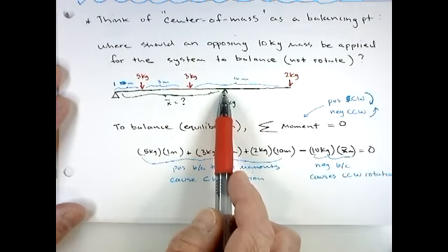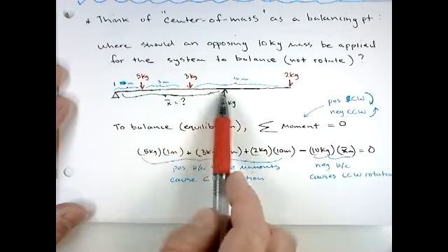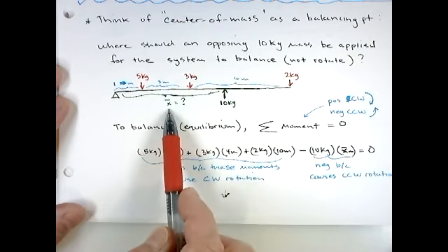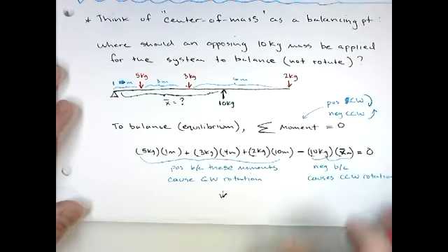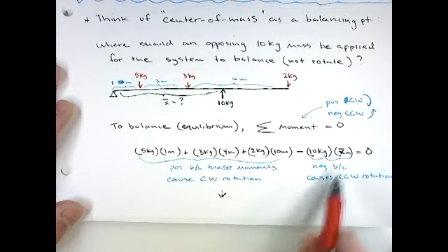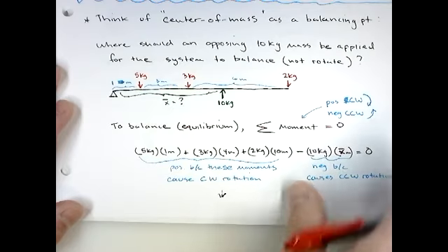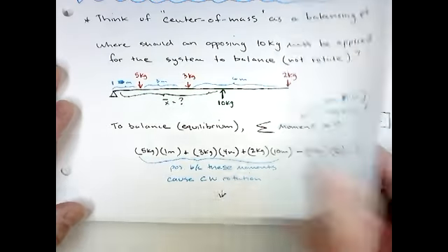And so that would be the 10 kilograms times this distance that we're looking for, which we'll call x bar. And that's the center of mass. And we want that to come out to be 0 so that there is no net moment in the system.